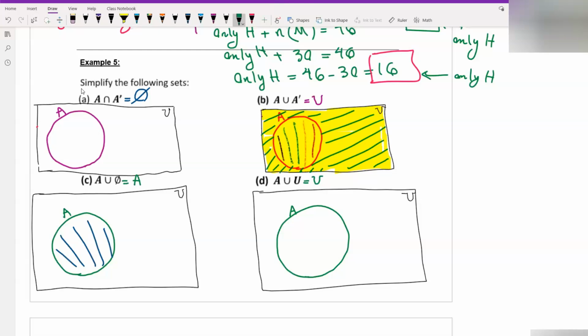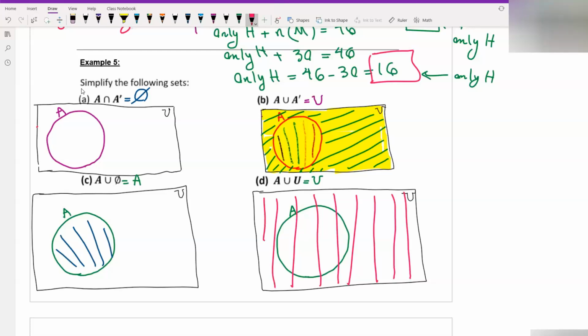If you had a universal set that you have all members inside that one, that means when you're trying to combine two sets, the final answer is the largest set that is given. So universal set is this one. So that is universal set.